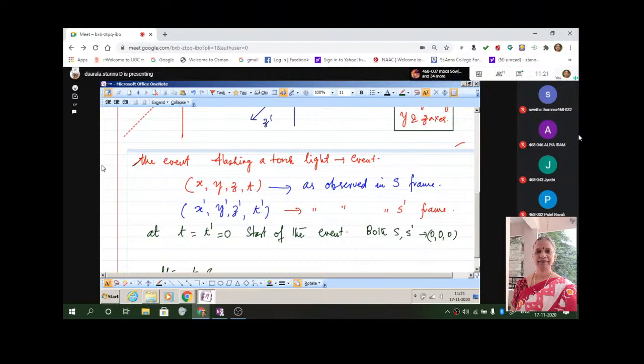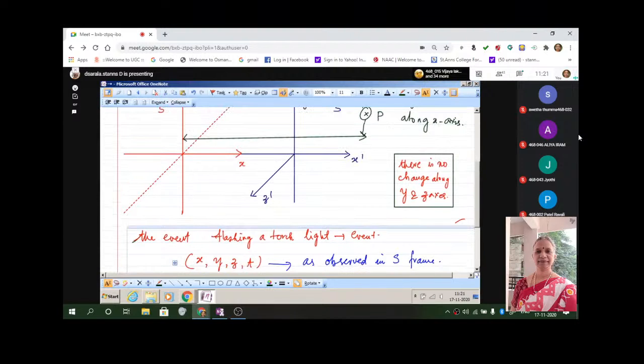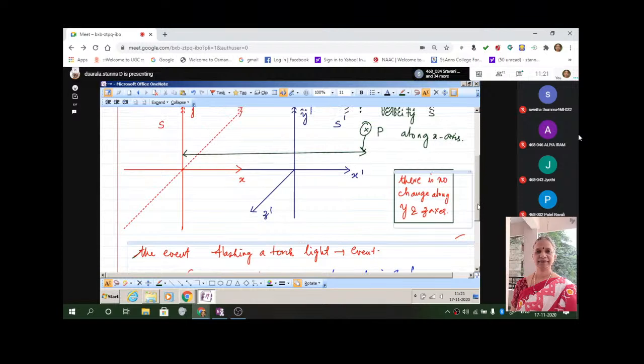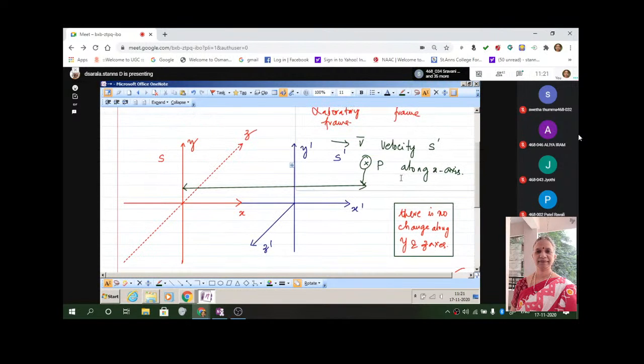Which frame is moving? The S prime frame is moving. This is my S prime frame. It is now moving. What is the distance covered? S prime is moving to the right, isn't it?